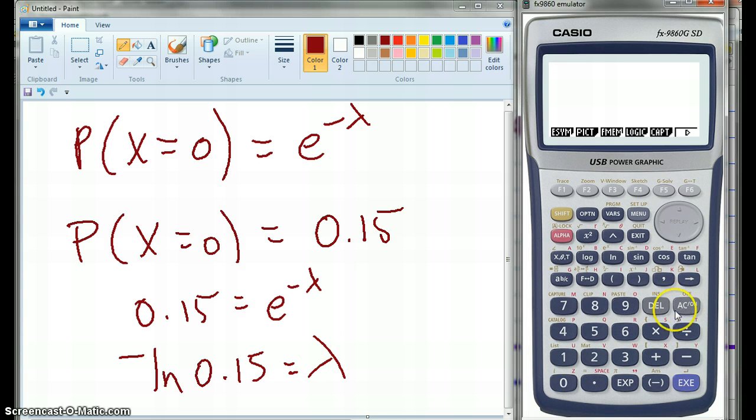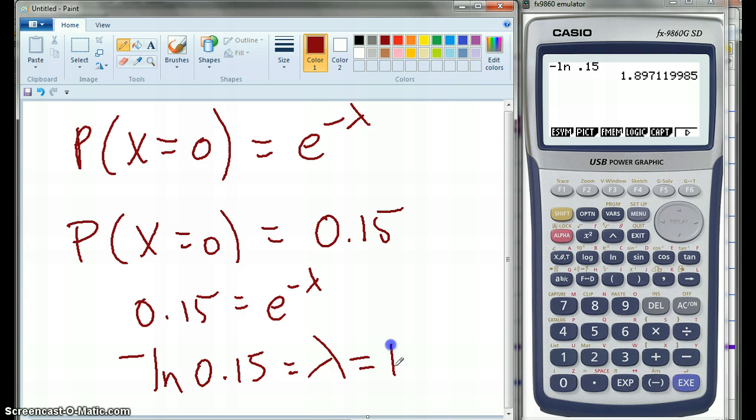Just doing a bit of algebra there. So I'm going to go minus ln 0.15 and I get 1.897 and check the answers. That is correct. Nice practice, much easier second time.